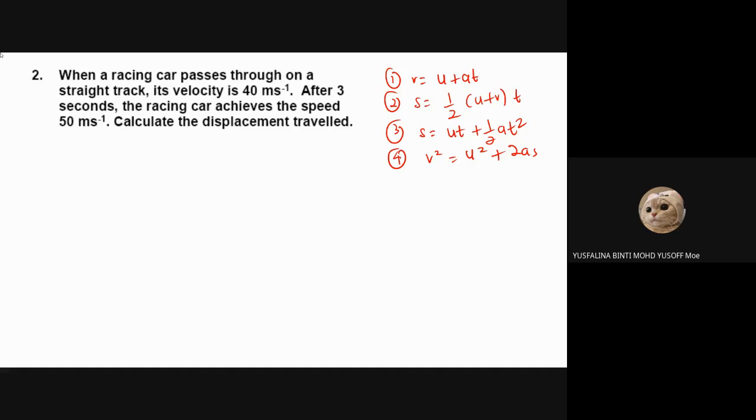Okay, let's try to answer first. When a racing car passes through on a straight track, its velocity is 40 ms negative 1. After 3 seconds, the racing car achieved the speed 50 ms negative 1.